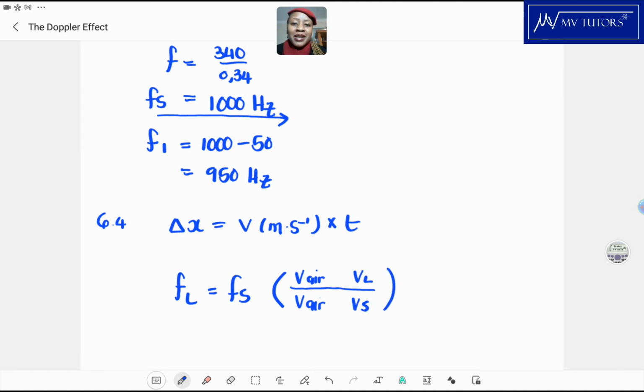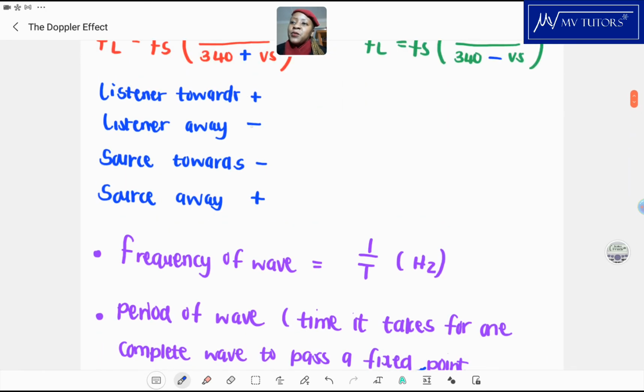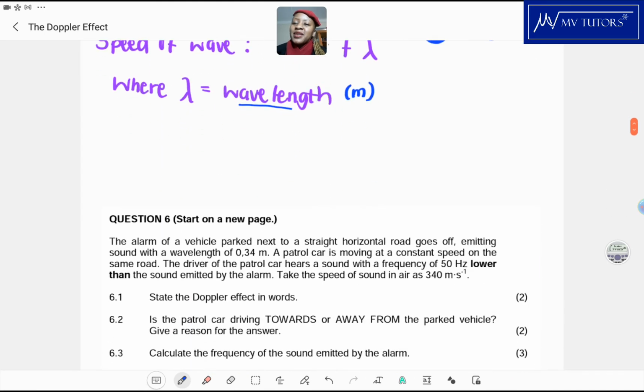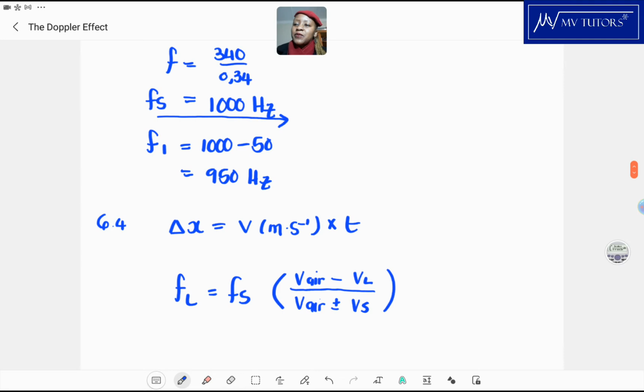So guys, plus minus, what's happening? The source is stationary, okay? So doesn't matter, it's going to be 0. But the listener is moving away. And what did we say about the listener moving away? We're going to use a negative. Okay. So negative.